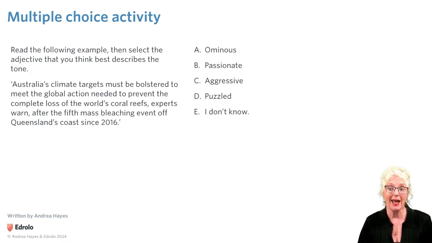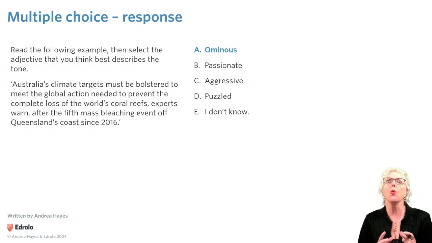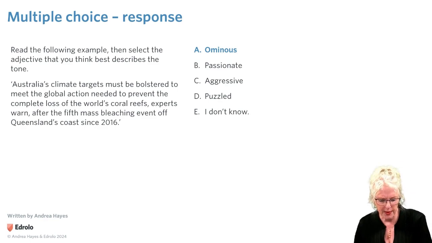Does this sound A, ominous warning, B, passionate, C, aggressive, D, puzzled, or you're not sure? I think you'll agree here pretty obviously this sounds very much like it's using a warning. So it's an ominous tone.